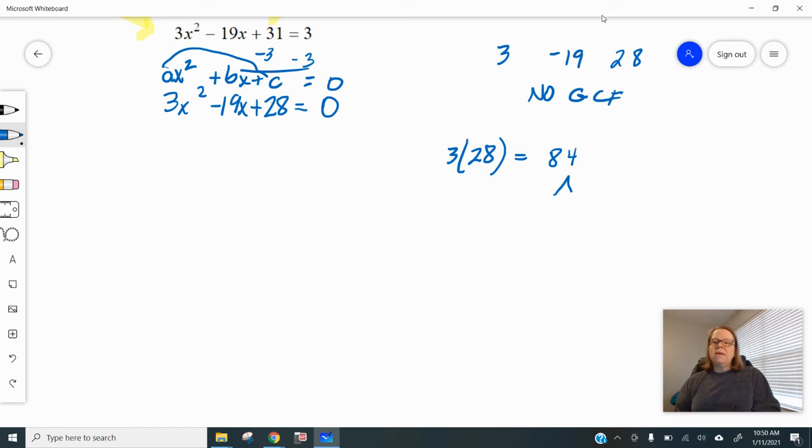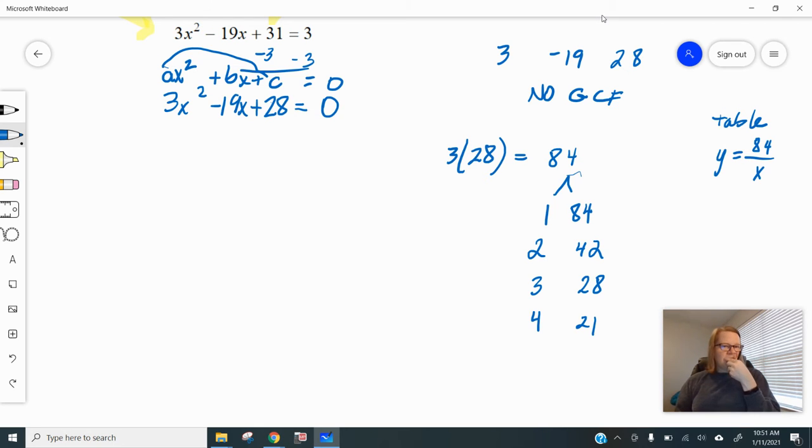You'll get a y equals screen, and you just type in 84 over x, and hit enter 4 times. It'll give you a table of values like 1 and 84, and 2 and 42, and 3 and 28, because that's what I just did. And 4 and 21.